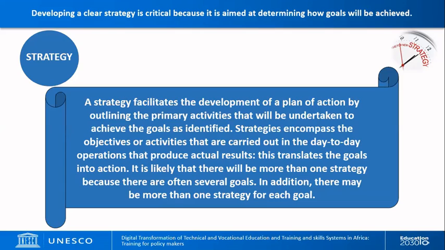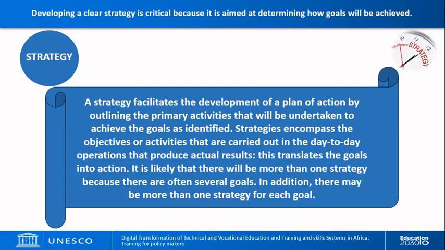The vision statement led us to a mission statement, and that helped us to get the goals, which will lead to the objectives, and then the strategy will now help us to determine how goals will be achieved.